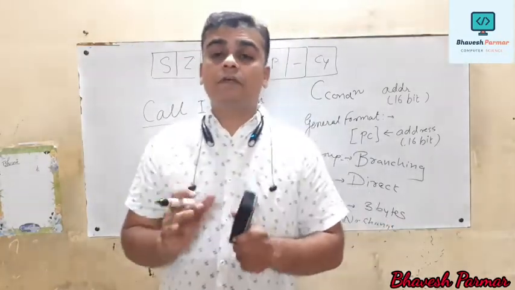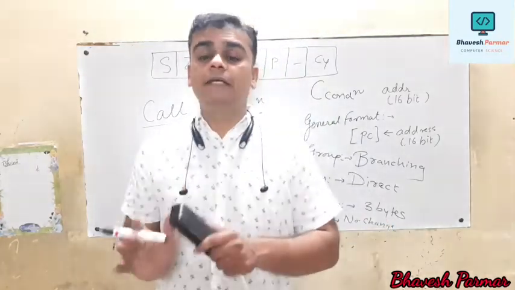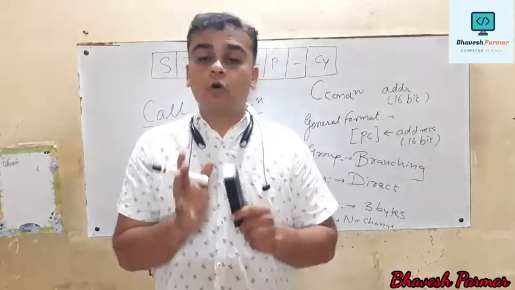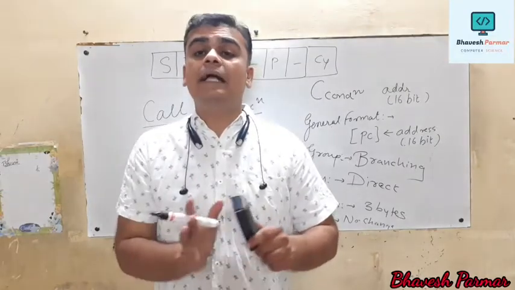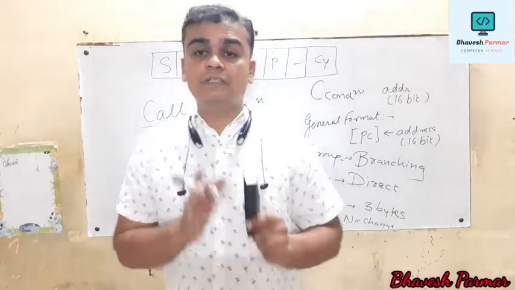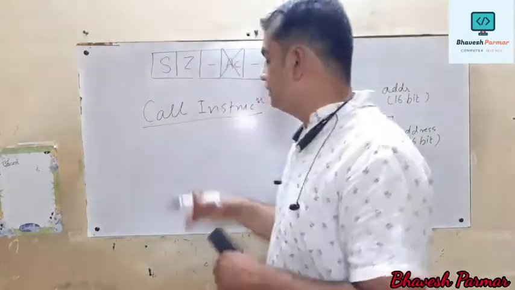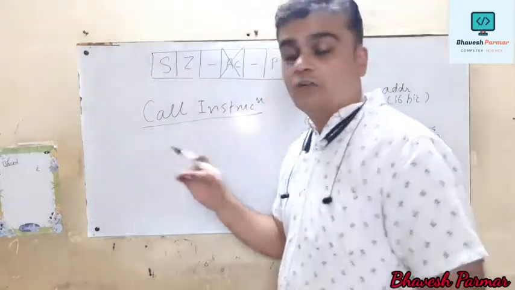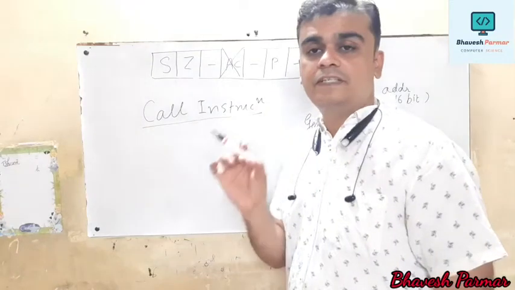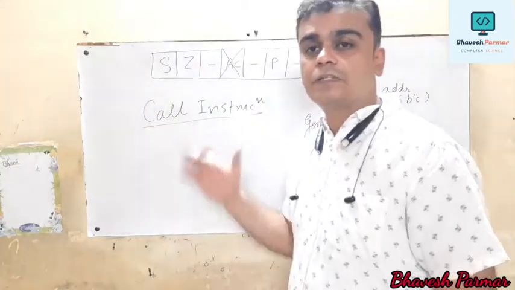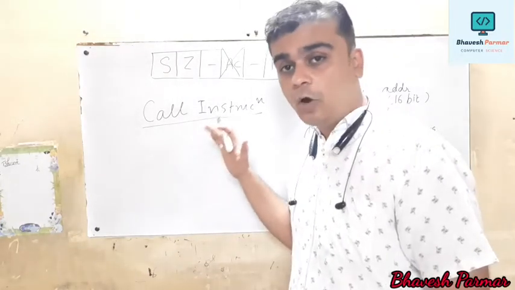Like our jump instruction, where we wrote approximately 8 instructions, similarly for call there are also 8 different instructions, and all of them are based on the flag register. So which are these instructions? At the time of the jump instruction, we started with the letter J because it represents jump. Now we are going to discuss the call instruction.